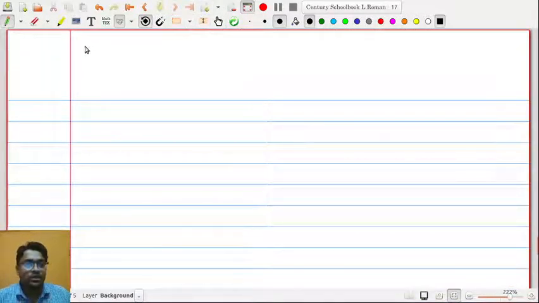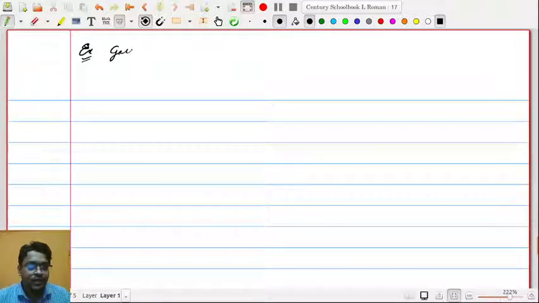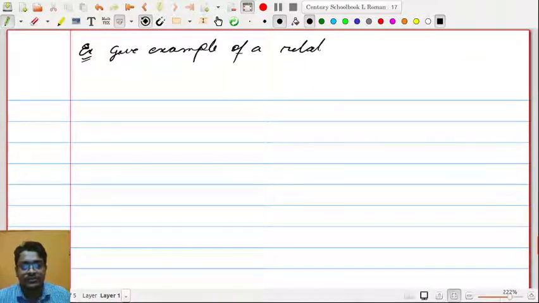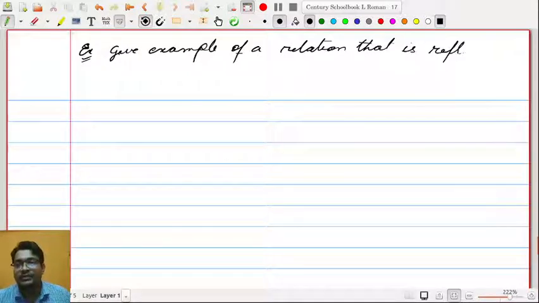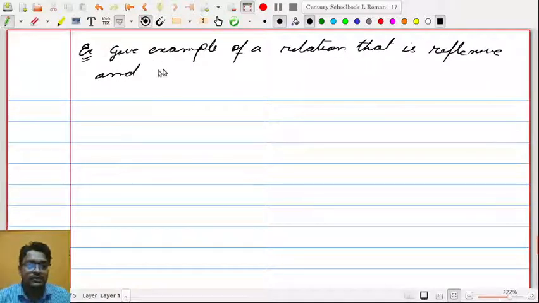Let us try some more examples or exercises. Give an example of a relation that is reflexive and transitive.